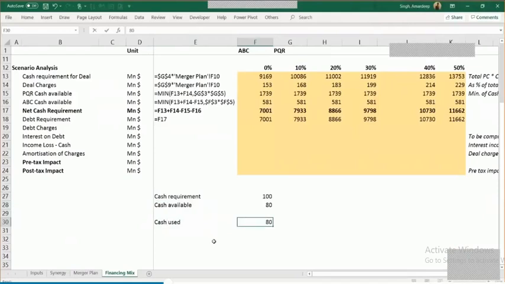And let's say if the cash requirement is 100 and the cash availability is 120, then what is the amount of cash that you're going to use? Only 100, because you don't need more than 100. You have 120 in your pocket, but you don't need more than 100, so you would use 100. So the logic is that we are trying to take the min of both of these things, right?